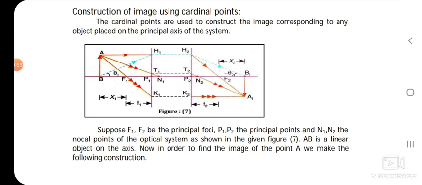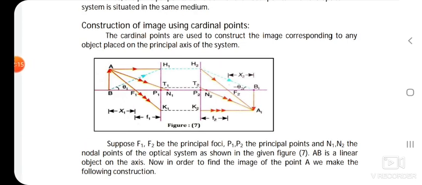So AB is the linear object on the axis. Now, in order to find the image of the point A, we make the following construction. A ray AH1 is drawn parallel to the axis, touching the first principal plane at a point H1, as we see in this figure.